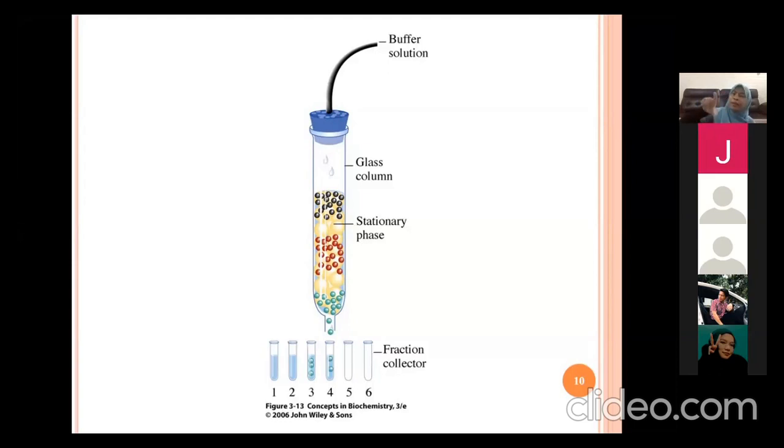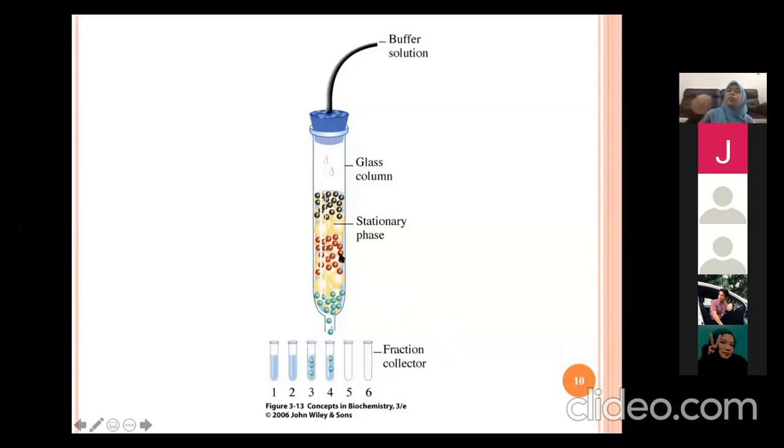Then we can separate this protein. Okay, so maybe the first, for example here, 1 and 2 is just water. And then 3 and 4 start, you can see the green color of protein coming out. And then maybe 5 and 6 until how many copies of the tube, then you can get whatever protein that you want. For example, in this case, maybe your protein of interest is the red color.